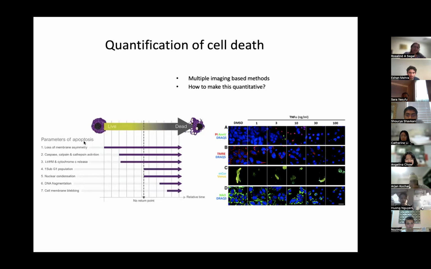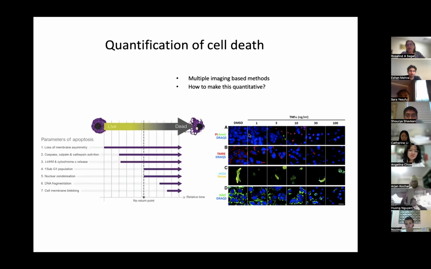And so this is the timing at which these occur, some of the things we can look at that include loss of the membrane integrity, activation of some of the proteases that are going to be cleaving the cell and chewing it up, changes in the nucleus, fragmenting of the DNA, and finally, the final pathways in death.